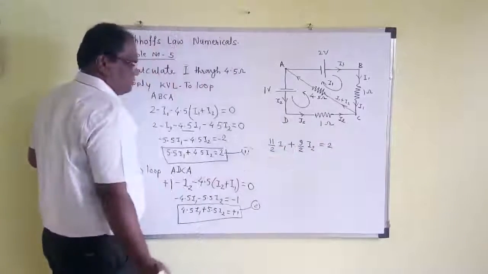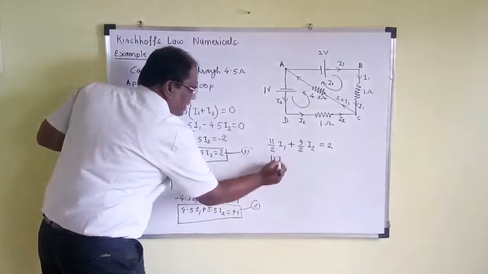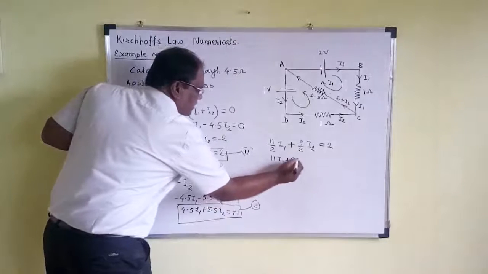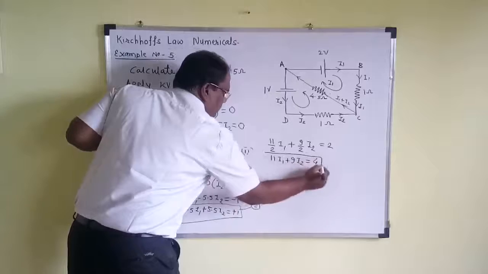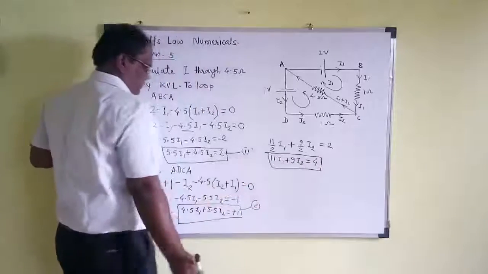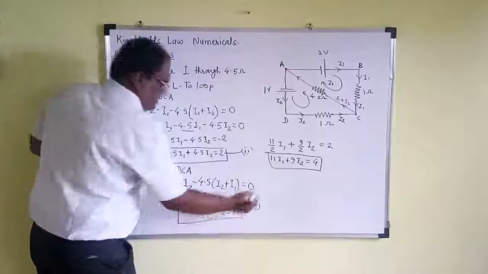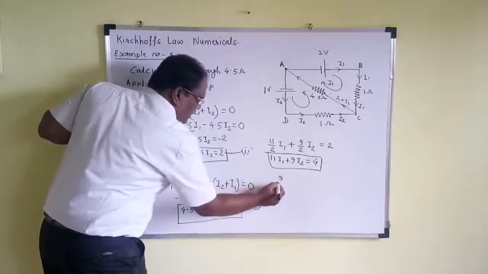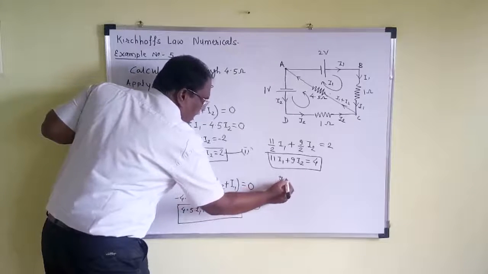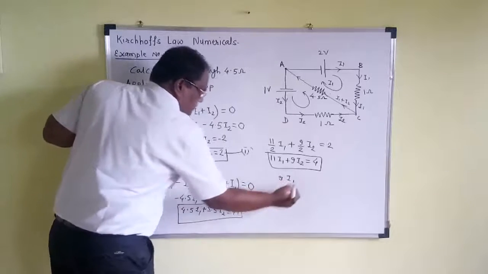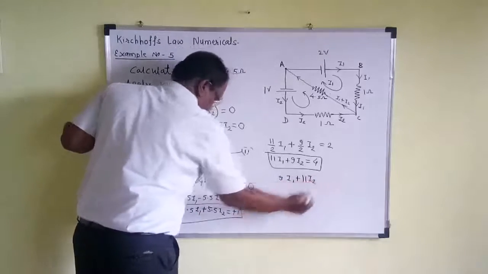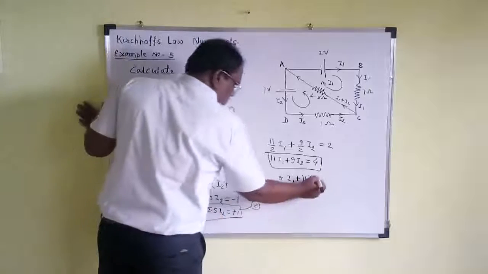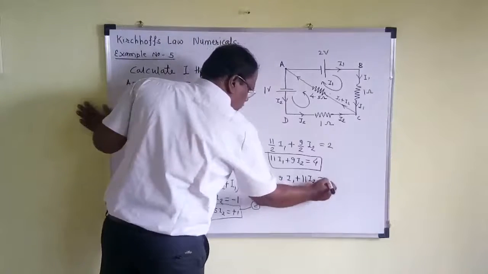Again multiply by 2. 11 I1 plus 9 I2 is equal to 4. Similarly here, 9 I1 plus 11 I2 is equal to 2.